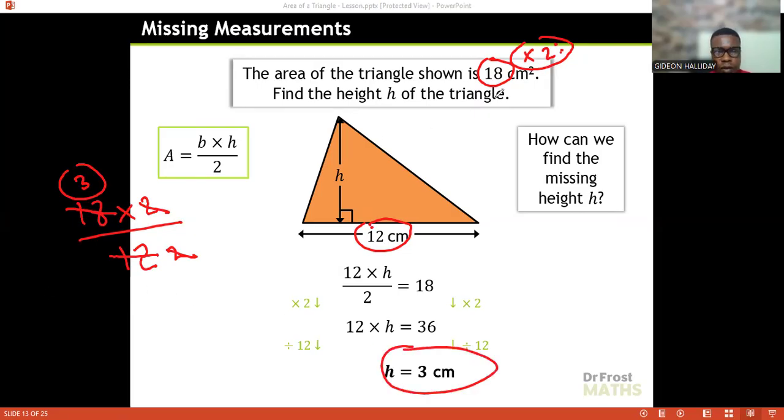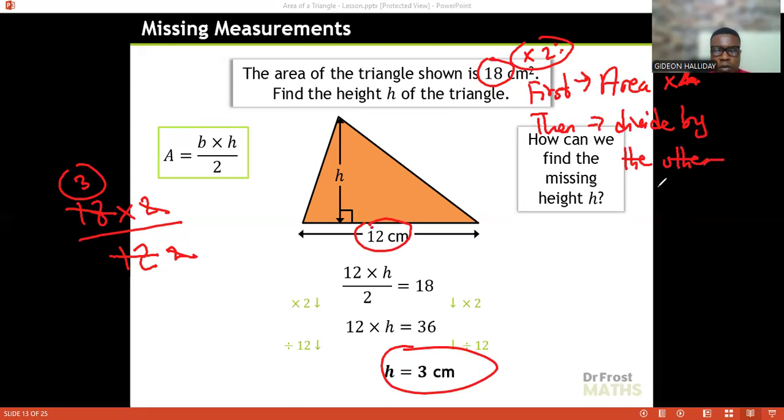So multiply the area by 2, and then divide by the other side length. So that's what you do. Let's see if we have another task here.